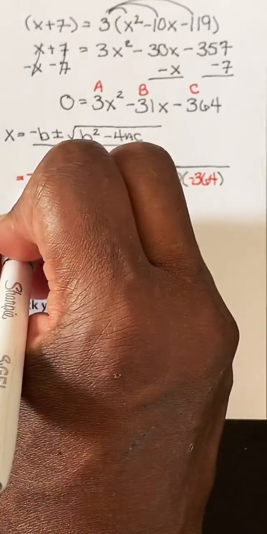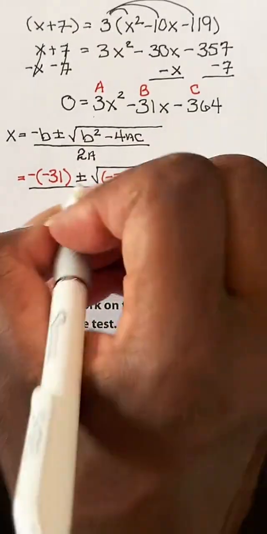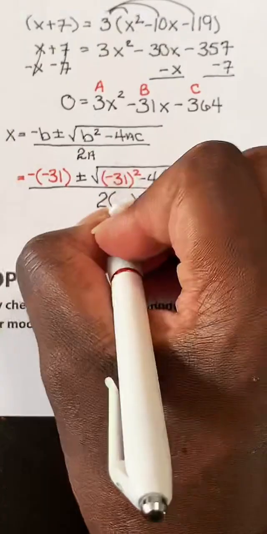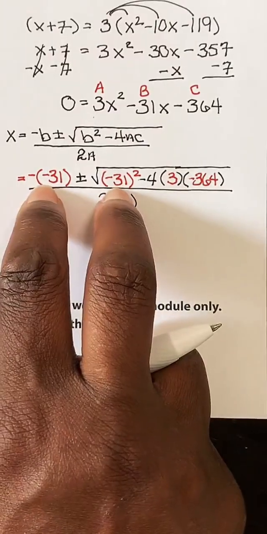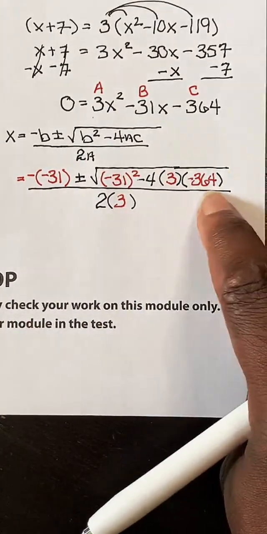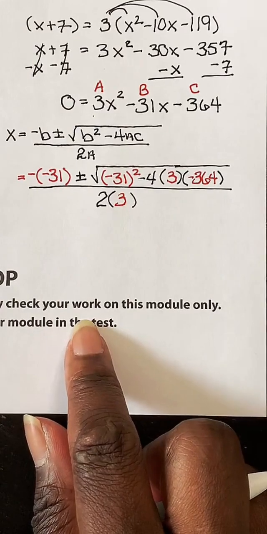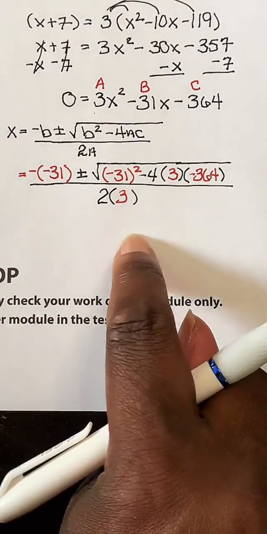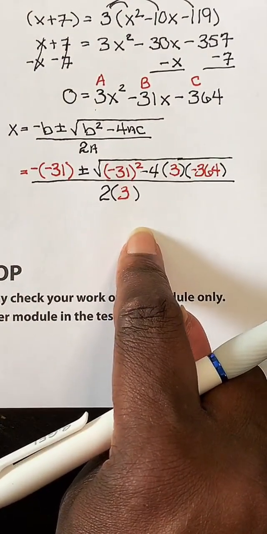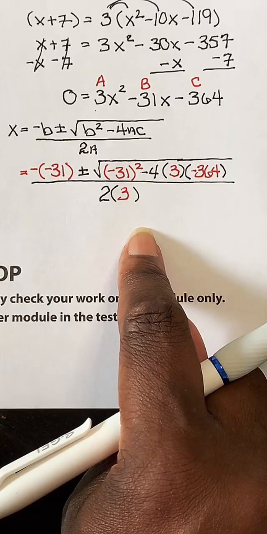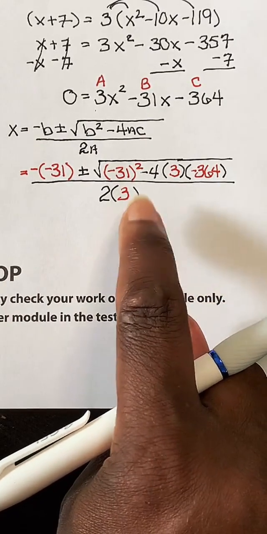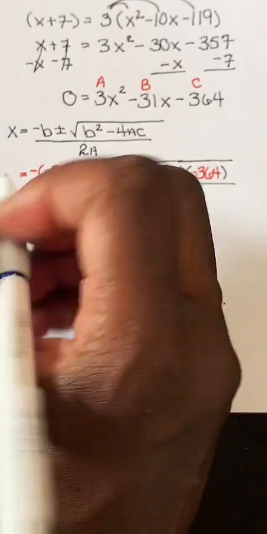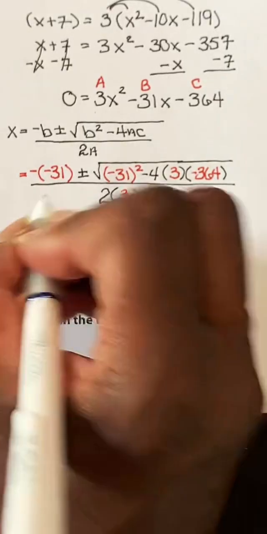And all of this is being divided by 2 times our A, and our A is 3. So the B goes in twice, the A goes in twice, the C goes in once. Majority of the time, something like this is usually going to be a calculator-based one, so you're going to be able to use a calculator for a question like this. But I'm going to show you manually, because I'm crazy like that.